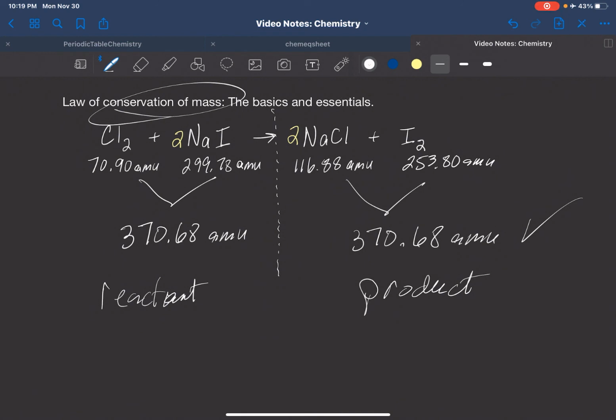So you can see from this that if you don't write the formula correctly, you're not going to have the correct number of atoms, which means you won't have the correct amount of mass, which means it doesn't balance out. So this becomes a simple math problem of just making sure that you literally count all of your parts correctly.